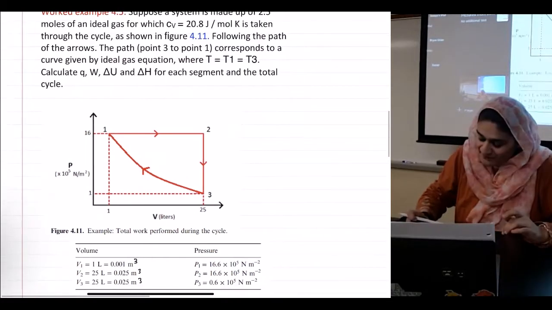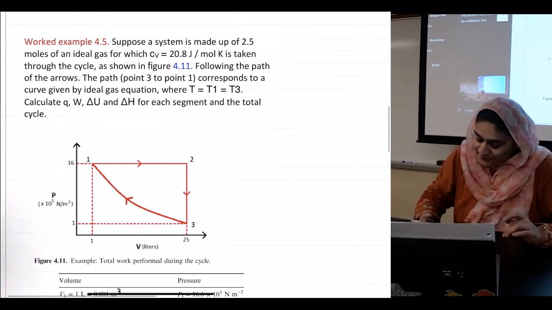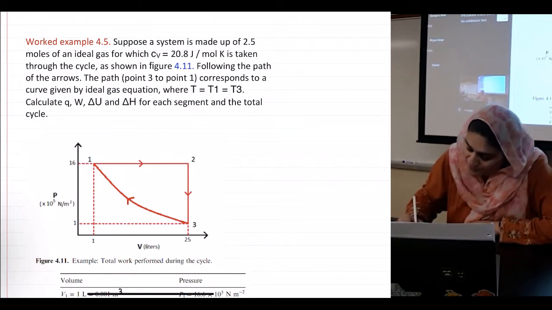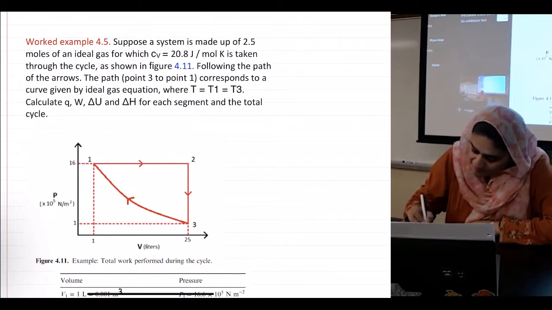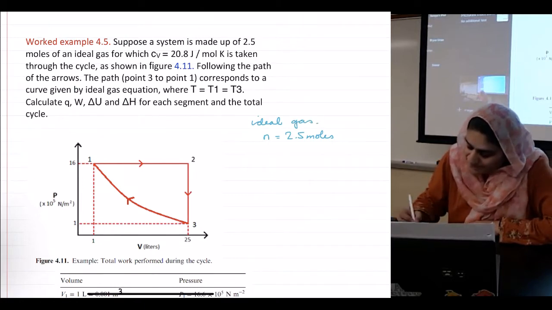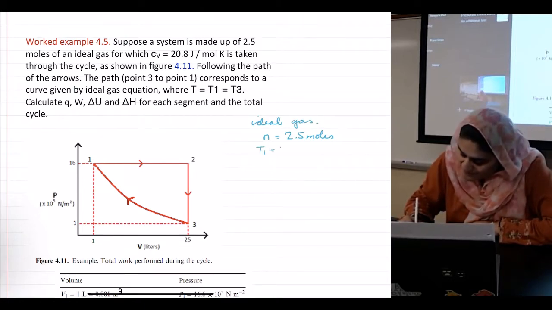Okay, so what do we do first? Let me write out everything that the question tells me. I'm going to use blue. N is given as 2.5 moles, and I am given an ideal gas. It also tells me T1 equals T3 equals T, so this is an isotherm.